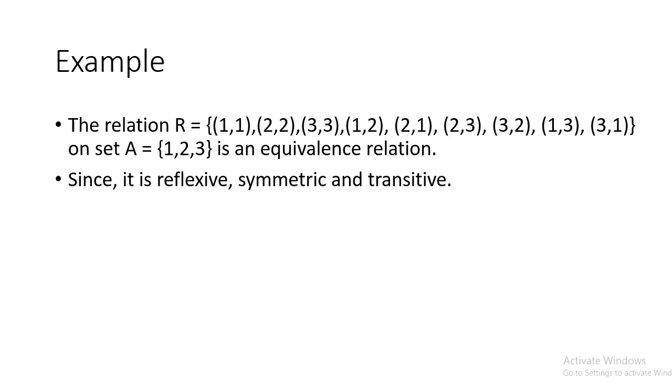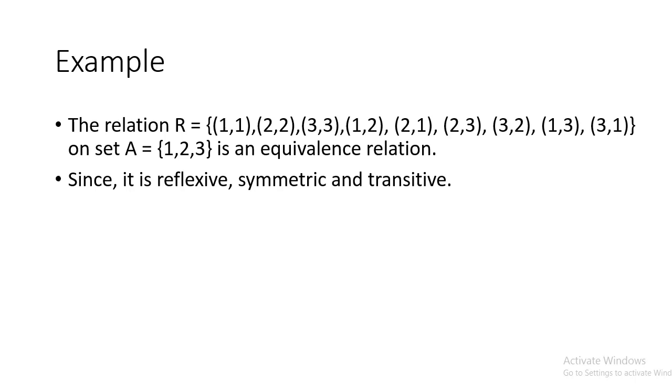So see here, check all these properties. Reflexive: are there any pairs included like (1,1), (2,2) and (3,3)? Yes, all these pairs are included, that's why it is reflexive. For symmetric, we have to check whether pairs like (1,2) and (2,1) are present. (2,3) and (3,2) are also present, (1,3) and (3,1) are also present, that's why it is symmetric.